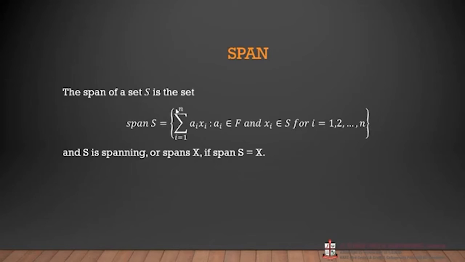Here n can also vary; n is some natural number. If S spans the full space X, then we say that S is spanning X, S is a spanning subset of X.